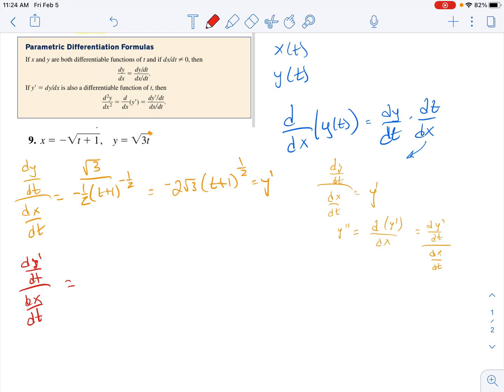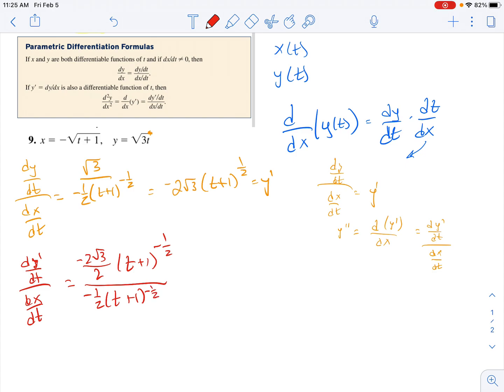So we're going to have negative 2 radical 3 over 2, because of the 1/2, times t plus 1 to the negative 1/2, all over dx/dt, which is again going to be the same thing that it was before, so let's put that in the denominator: negative 1/2 t plus 1 to the negative 1/2.